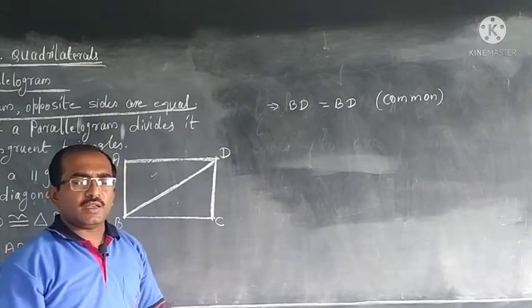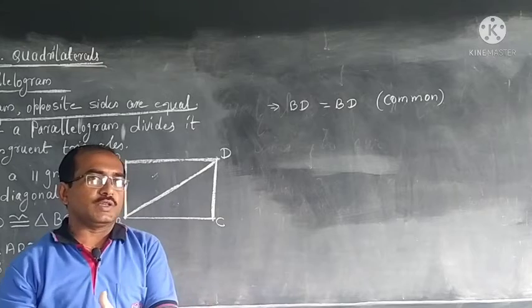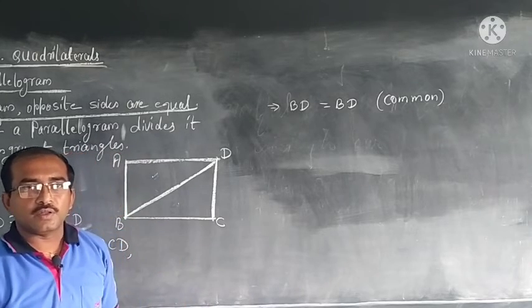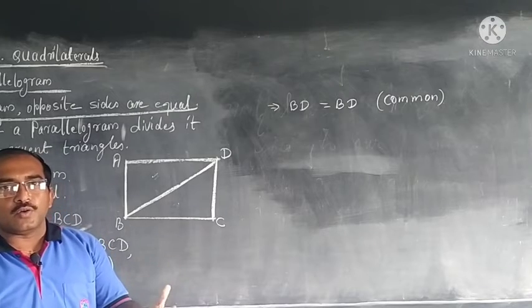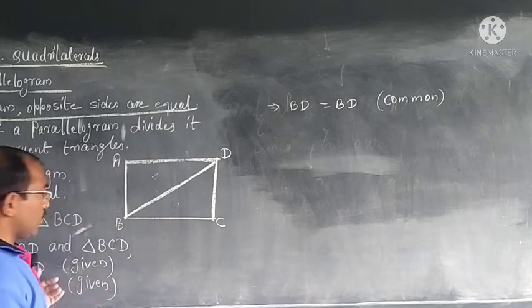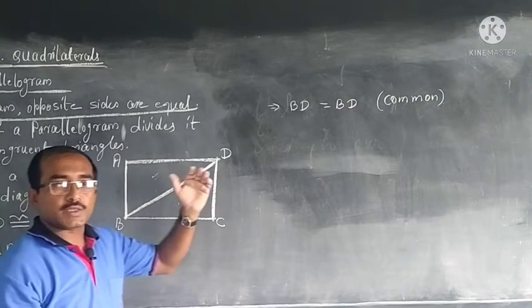In any triangle, if three sides of one triangle are equal to the corresponding three sides of another triangle, that means the triangles are congruent. We have found here that three corresponding sides of the triangles are equal.